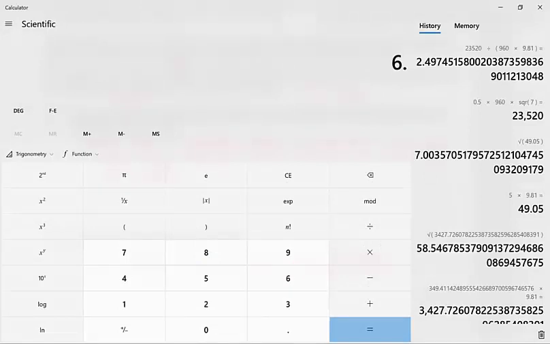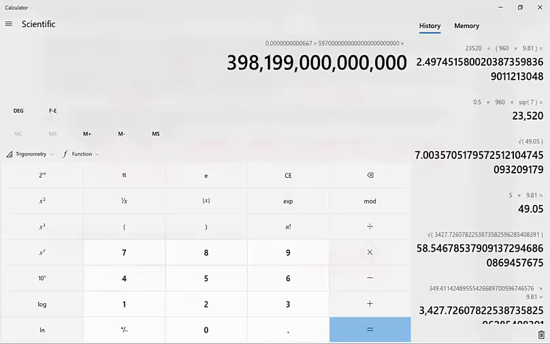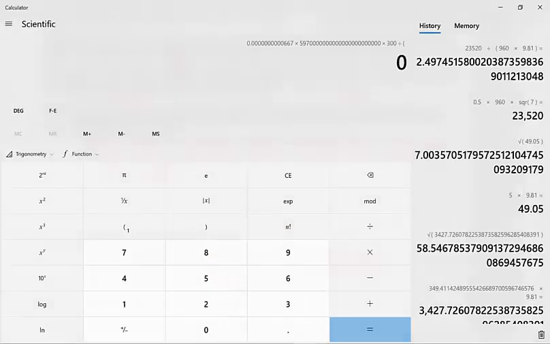So it's 6.67 times 10 to the negative 11 times 5.97 times 10 to the 24 times 300 divided by, and the radius was 4.22 times 10 to the 7.